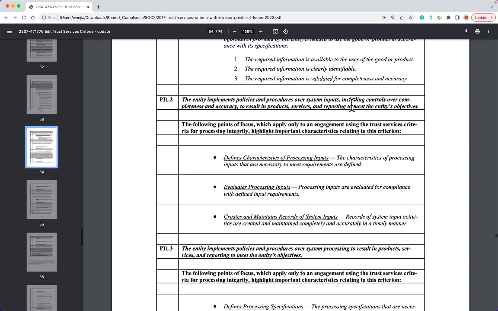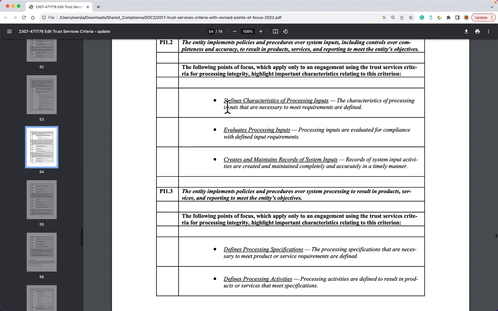So all the policy, including control over completeness and accuracy, to result in product. It's emphasizing that to make a very good, standard product, you need to make sure the inputs are right, correct, and complete.